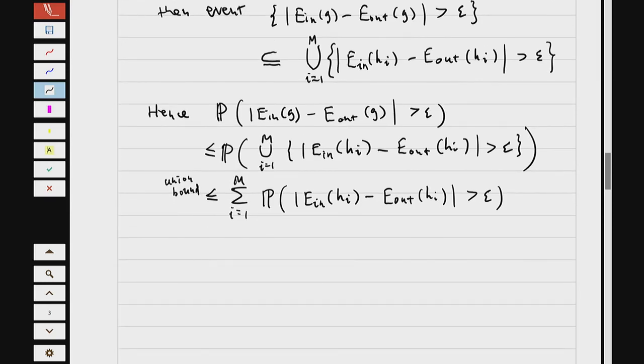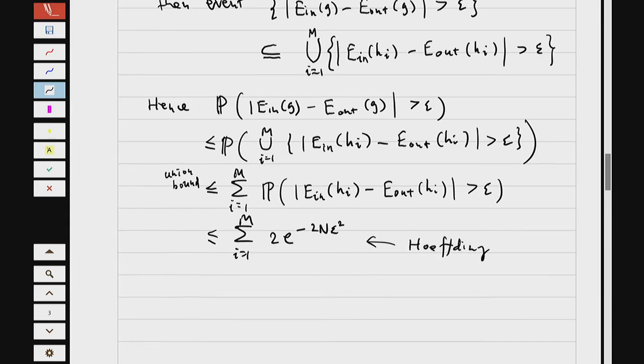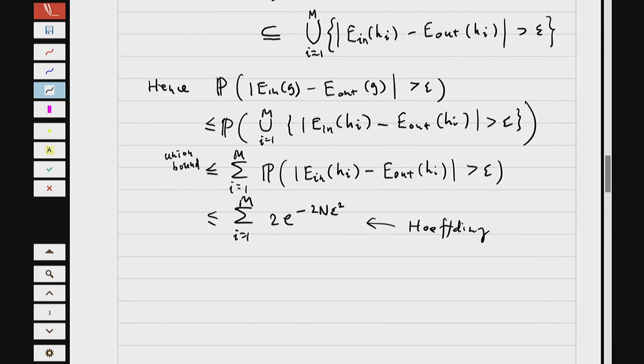So this is less than or equal to 2e^(-2 epsilon squared n), because of Hoeffding. Of course, we have to sum up all of them, so at the end it's just multiplied by M. So this is 2M e^(-2 epsilon squared n).